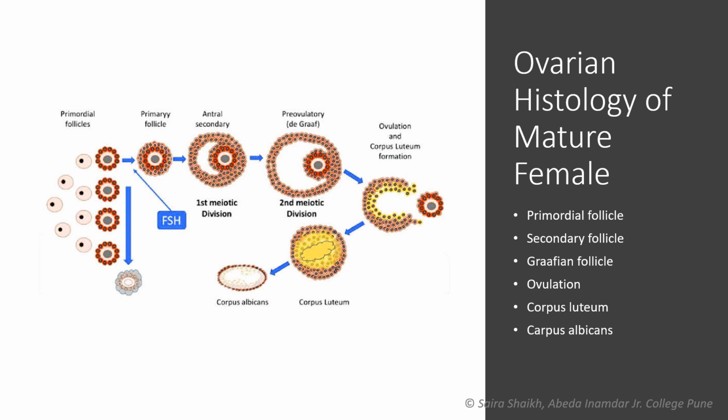This double layer structure of the follicle further grows by increasing the follicular cell number. This multi-layered follicular cell layer is called the granulosa. The granulosa cell layer starts secreting the hormone estrogen. Estrogen is a female sex hormone.